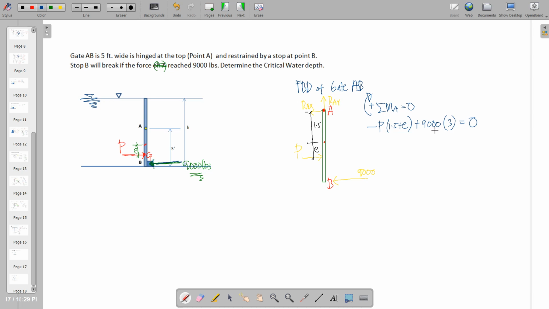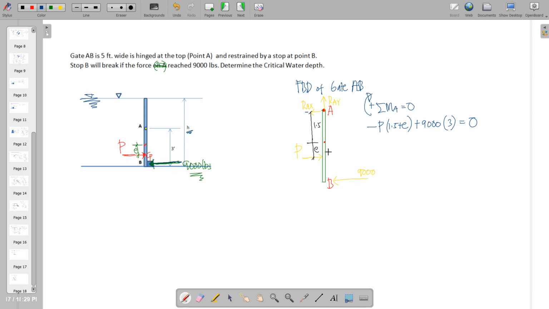However, we cannot see yet the main unknown in the problem, H, or the critical water depth. So what we do is just follow the formula for P and express it in terms of H. Similarly, we solve for E in terms of H.